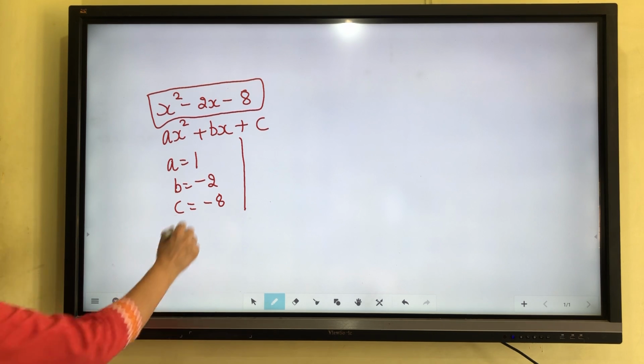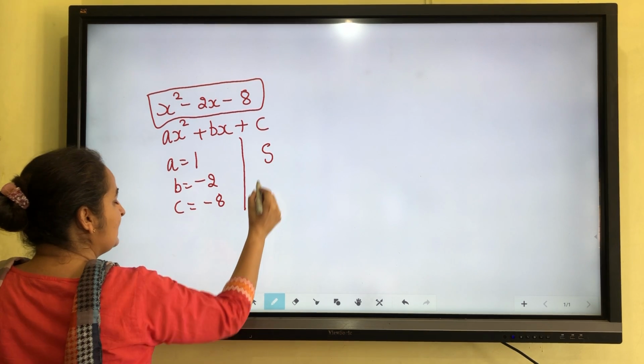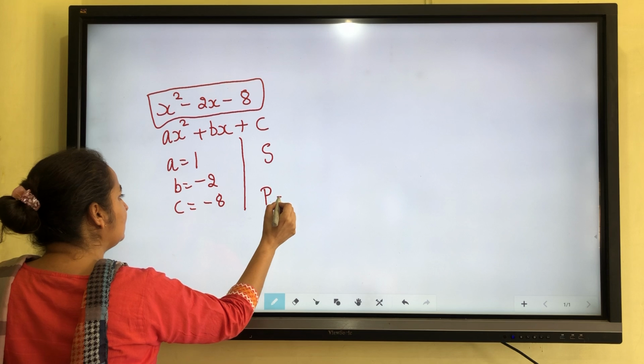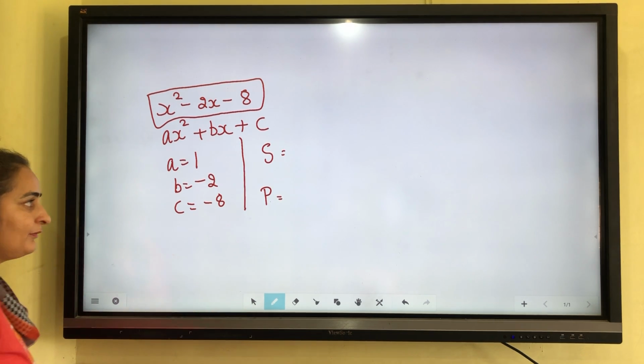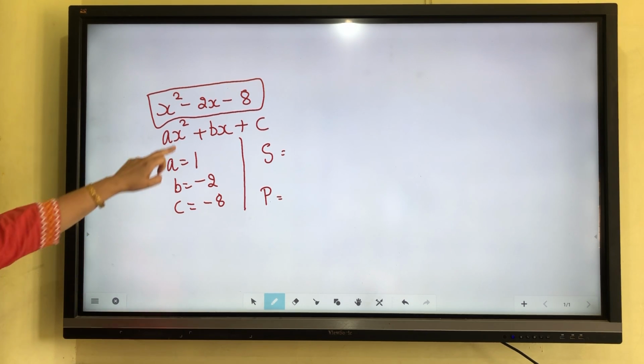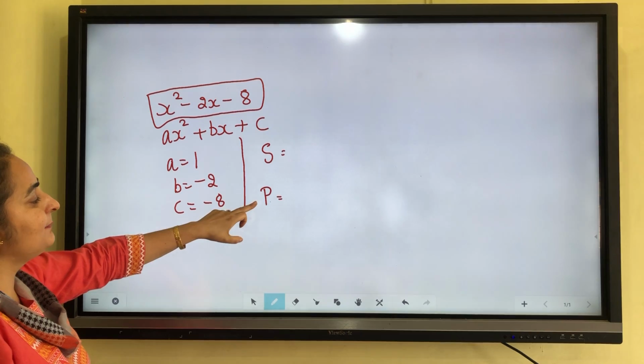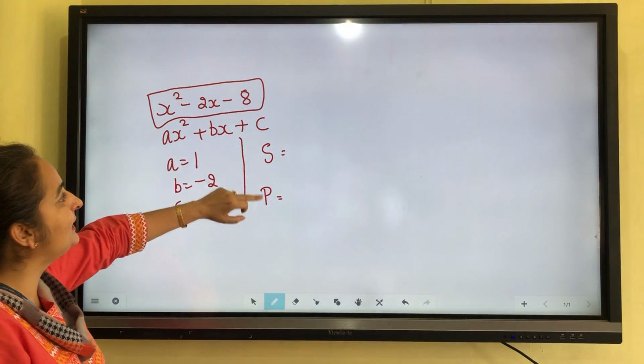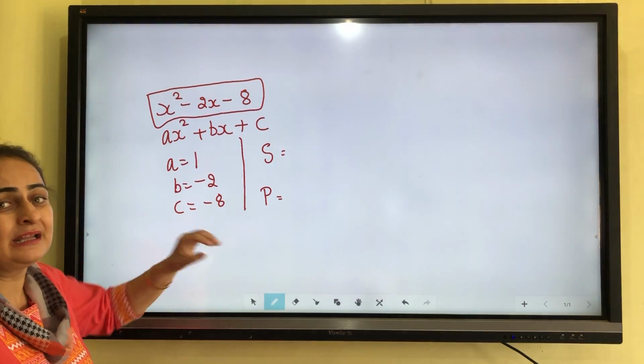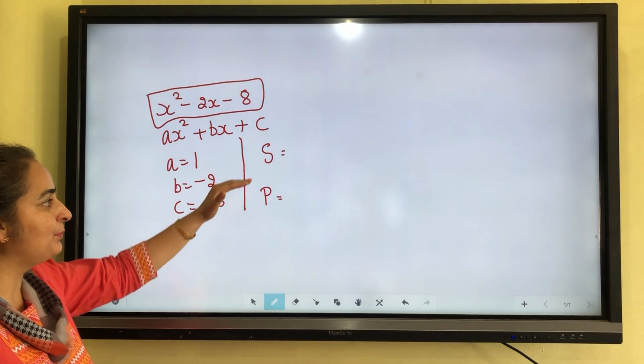One term is called the sum and the second term is called the product. We will check by finding two numbers such that the sum of the two numbers is equal to minus 2 and the product of the same two numbers is equal to minus 8. That is called sum and product.